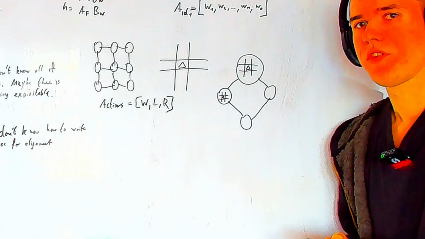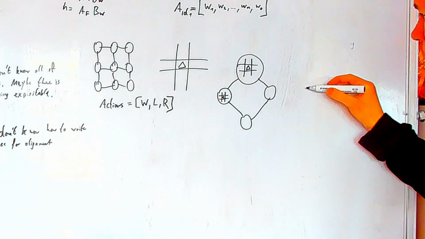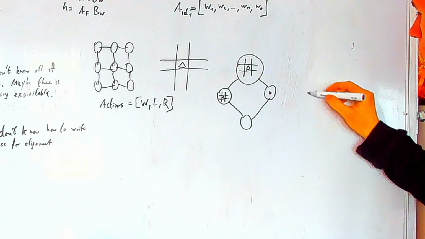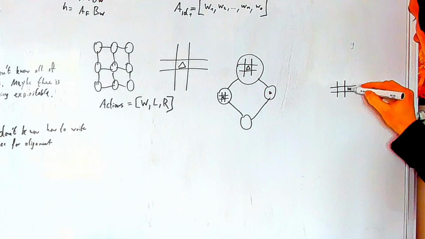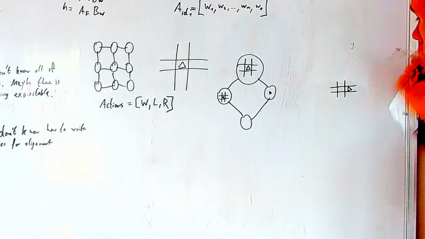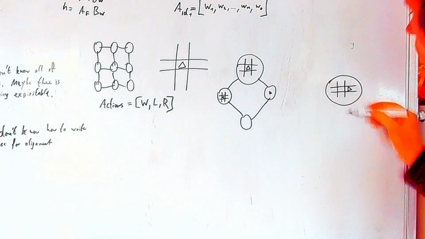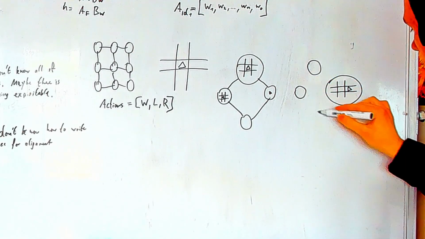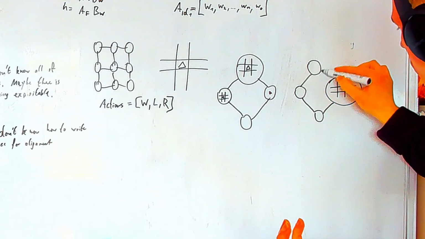Now I could also, for example, in this state here, where I'm pointing to the right, move forward. And then I would end up at this state. And now I could rotate left again, rotate left twice, or rotate right. Again, these are the rotations that I can do.